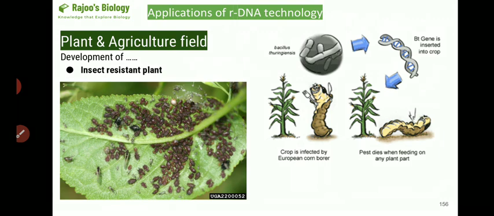This gene is identified and isolated, and after that the same gene is introduced into the plant. It is merged with the plant. So now the plant has the gene in each and every cell, and that gene produces the delta toxins. So whenever any insect feeds on the same plant, it will die.